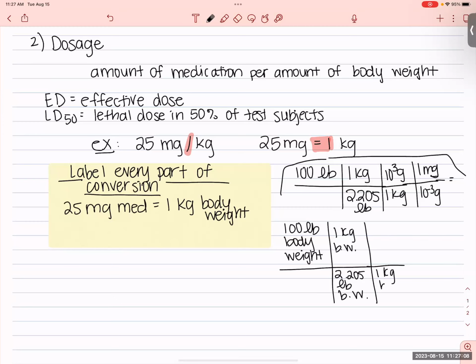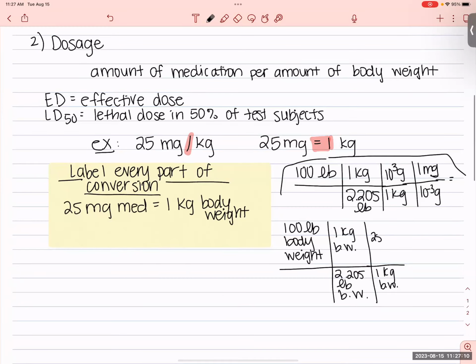Now I can say a kilogram of body weight is 25 milligrams of medicine. Use the dosage. Now that will give me milligrams specifically of medicine, not milligrams of body weight. There's a difference here in the answer and in the probability that you're going to overdose your patient if you're doing the math like this.